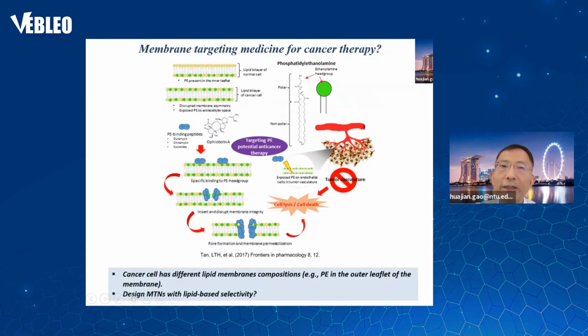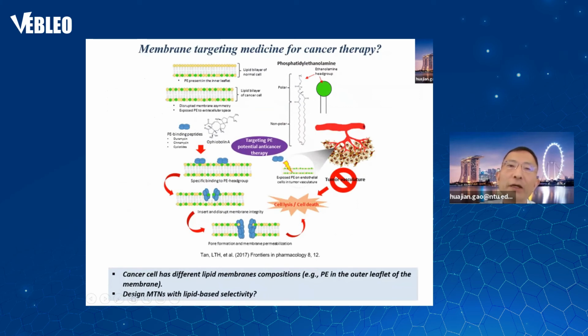And we think this idea, the membrane target nanomedicine, maybe can also be used for cancer therapy. For example, cancer cells also exhibit some kind of difference from a healthy cell. One example is this lipid called phosphatidylethanolamine, or PE for short. For a healthy cell, the PE only exists on the inner leaflet of the bilayer.